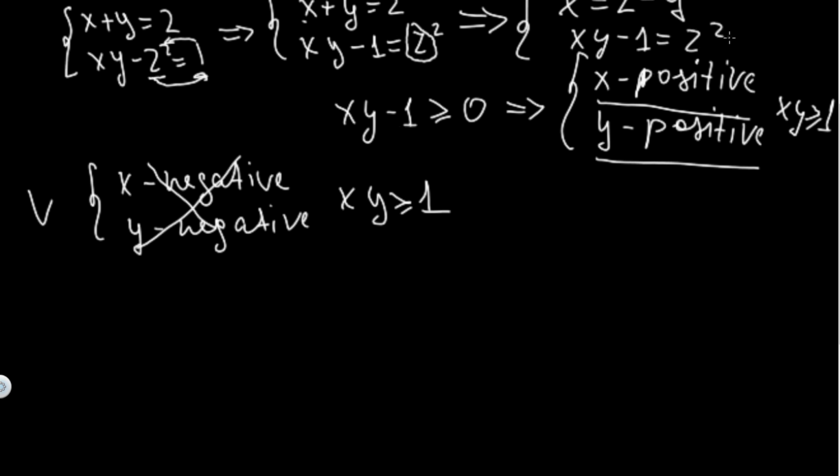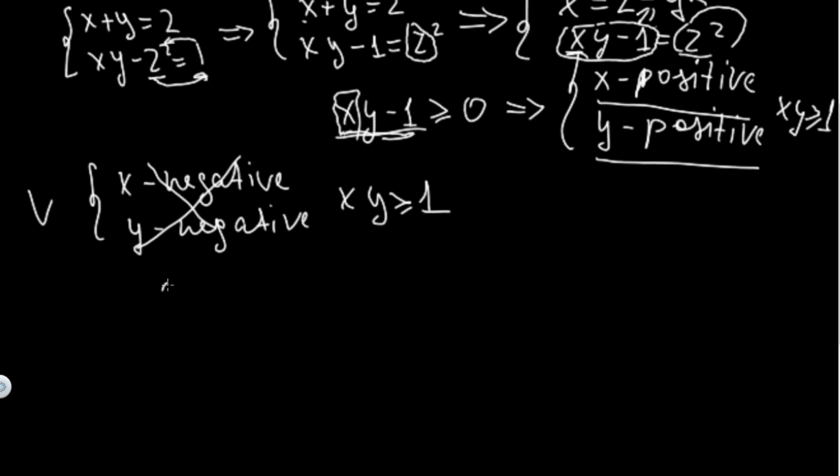Again, z squared is not related with the first equation, but this part of the second equation is related with the first. So we put instead of x this one, because x is equal to 2 minus y.